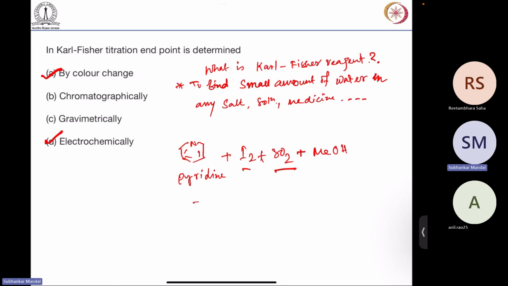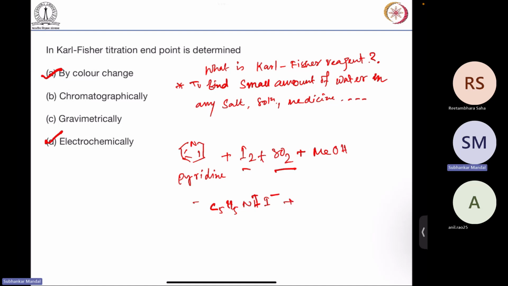So this iodine, and pyridine, what will it form? C5H5NH plus iodine, when it oxidizes sulfur dioxide to sulfur trioxide, this one will reduce. When it reduces, I minus will form, and it can coordinate with the pyridine.